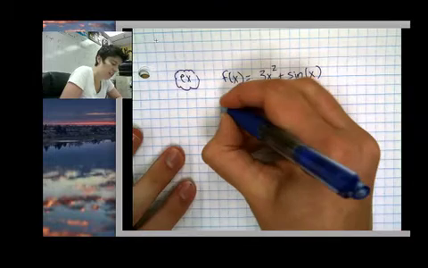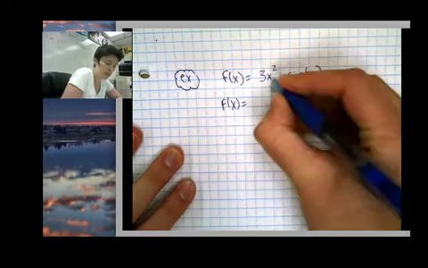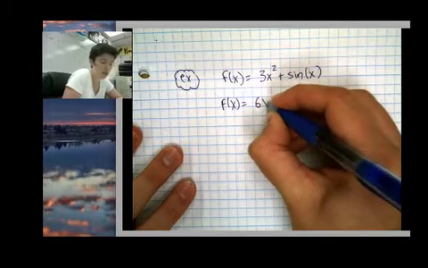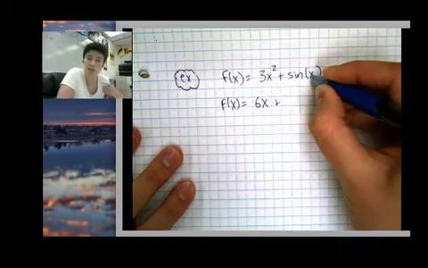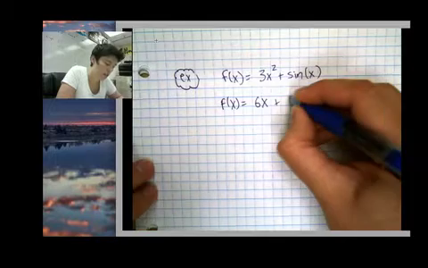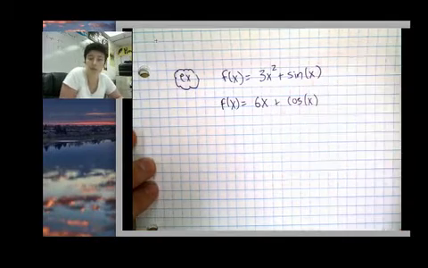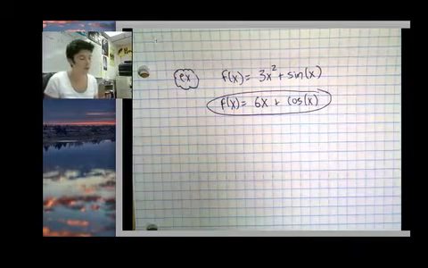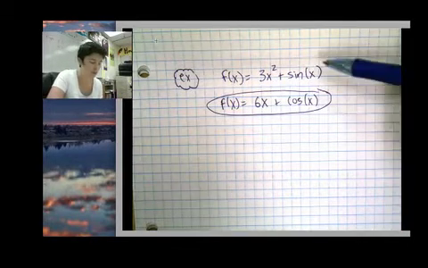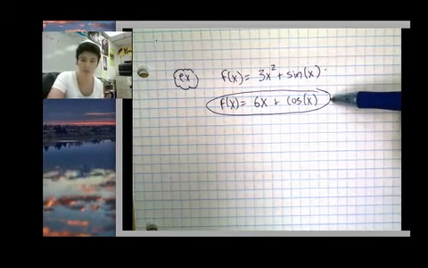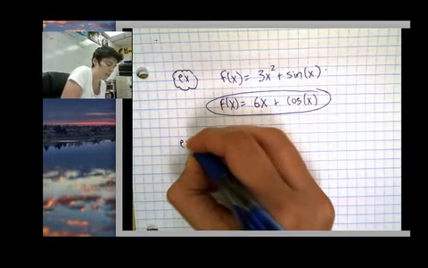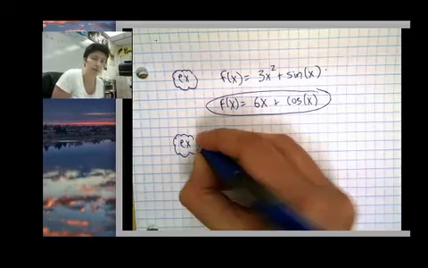So f prime of x equals this thing being power ruled, so it's going to be 3 times 2 is 6x, plus sine, we're just going to memorize, is cosine, so cosine of x, and that's it. You're done. That's your derivative. So you can see there wasn't a lot of work to show. Start the problem, derive it in my head, get my answer. They can get a little more complicated. Don't get me wrong, they're not all straightforward.